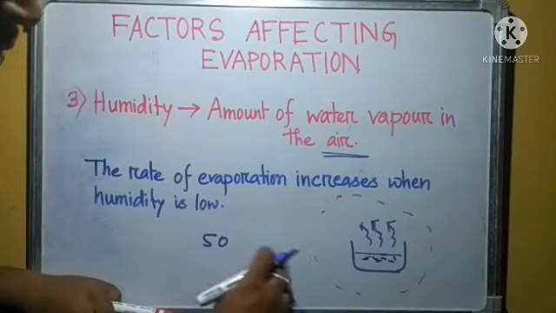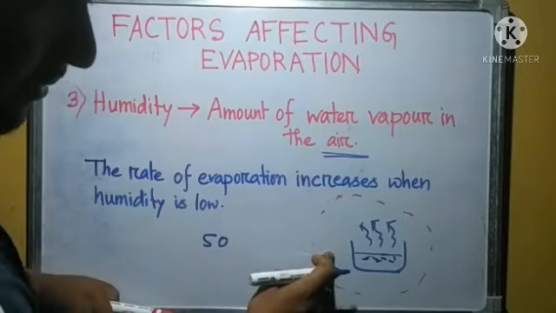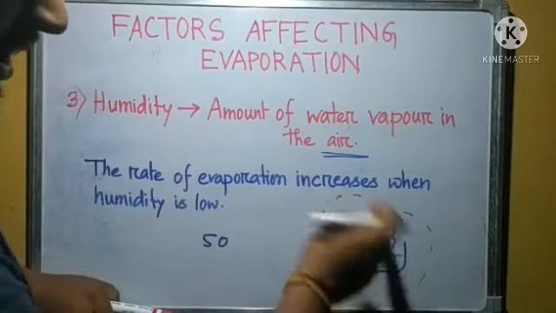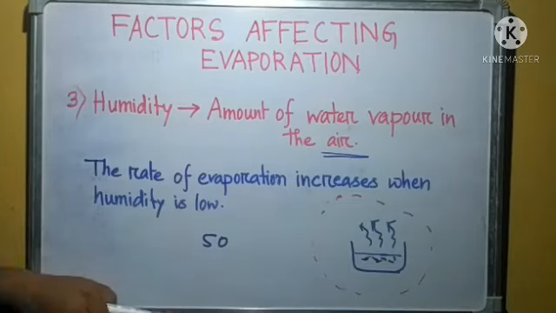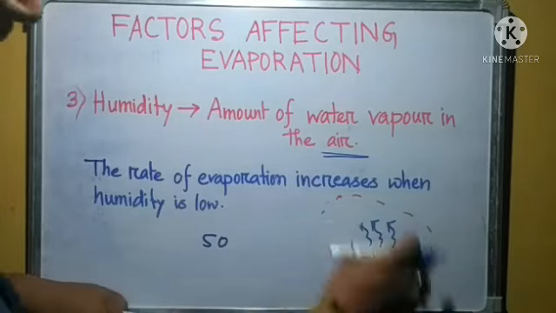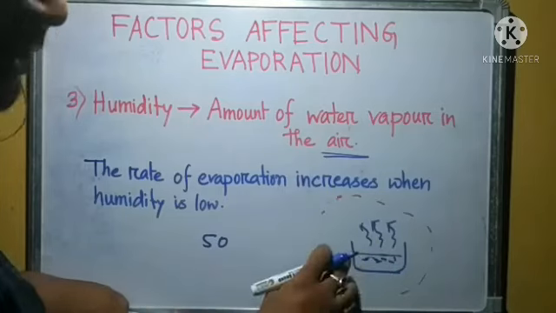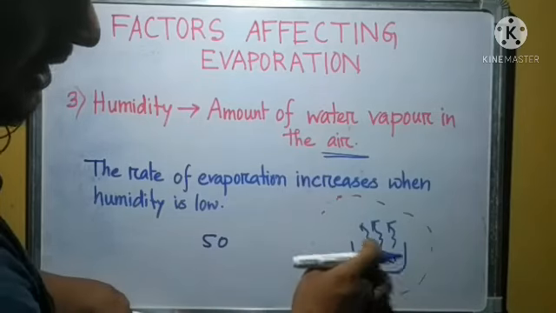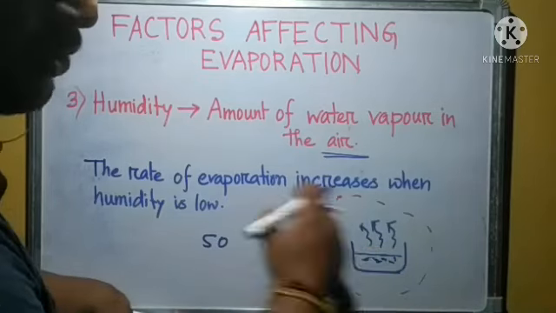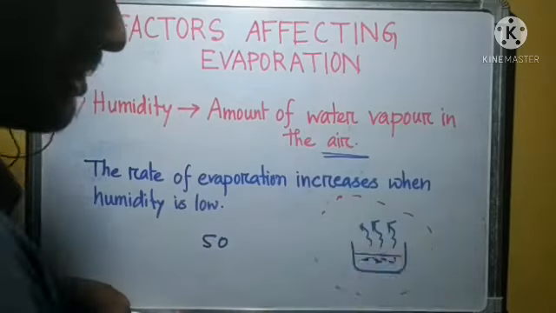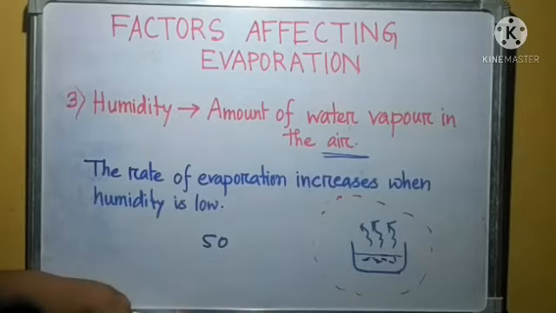So that means you already had 50 particles of water vapor, and again you are adding water vapor from the liquid through the process of evaporation. If this air already contains a huge amount of water vapor, then if again you evaporate, this water vapor cannot go into the air because the air already contains the maximum amount of water vapor.